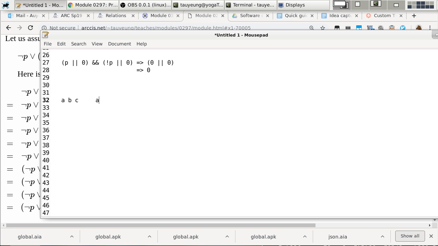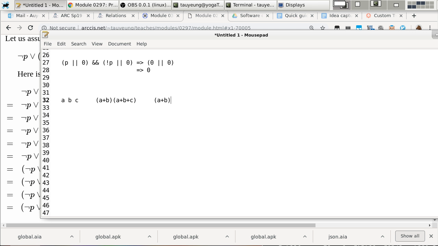So we have A or B, and then we have A or B or C. Okay, so we got A, B, and C. So we got A or B and A or B or C. And then we only got A or B here.